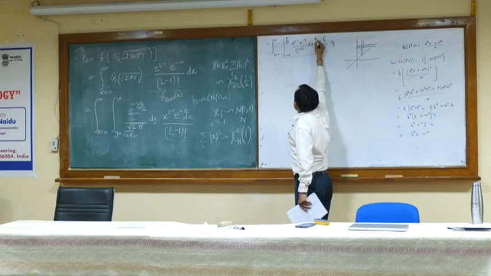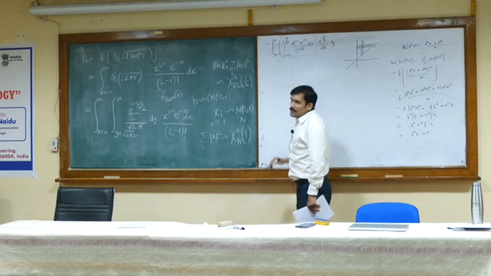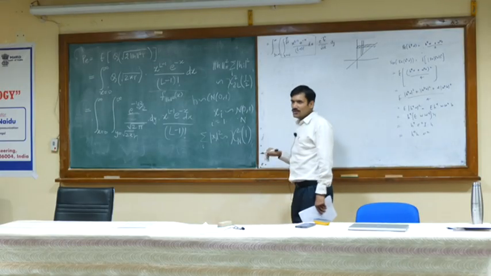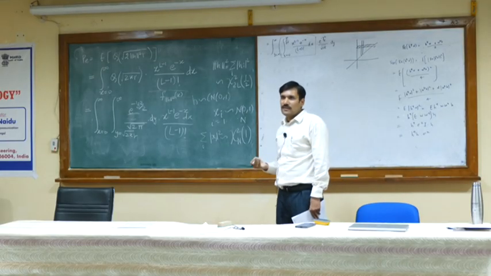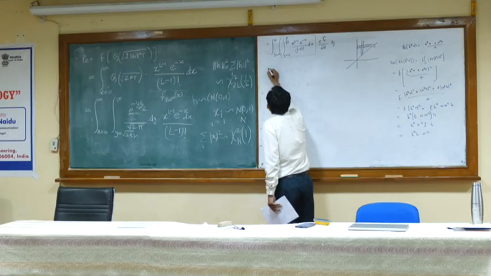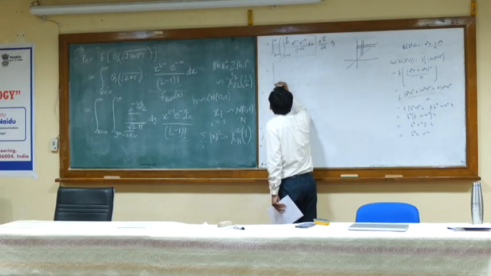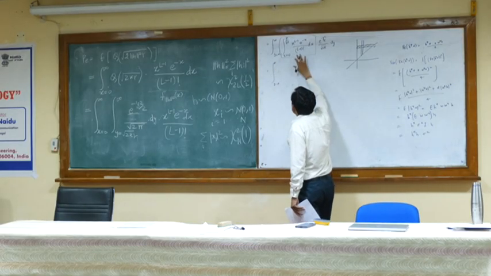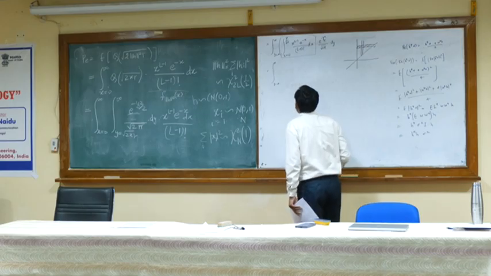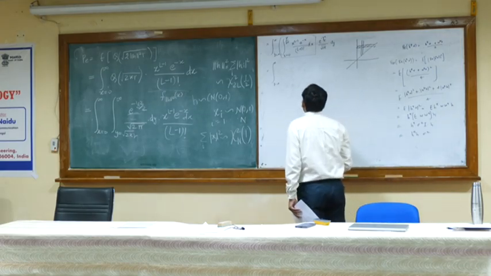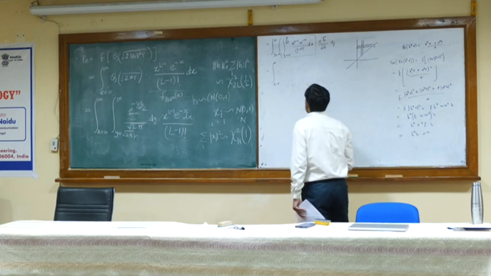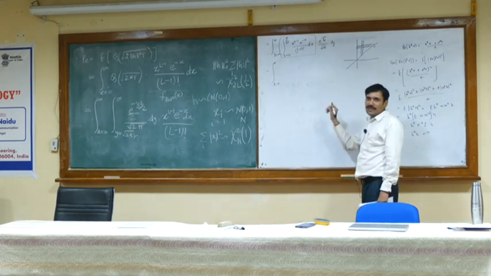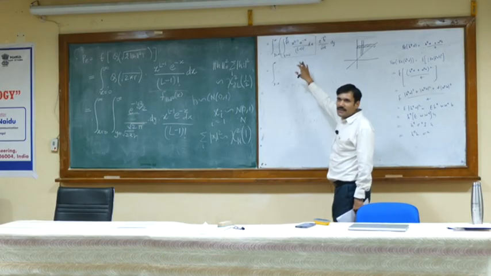So this integration, we can solve it. How will we solve it? By integration by parts. So let me give you an example of integration by parts, then I will write the direct answer for this.